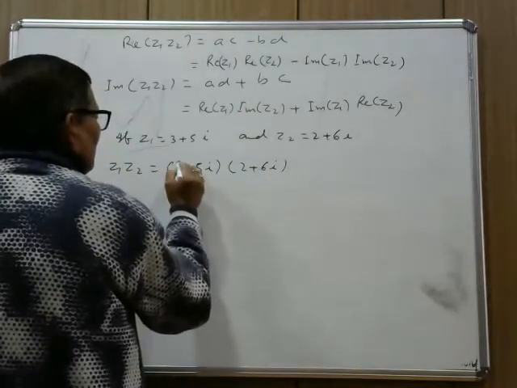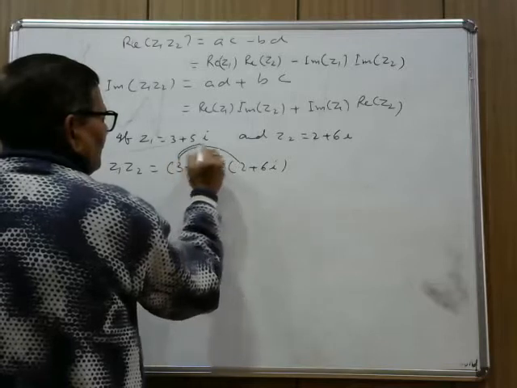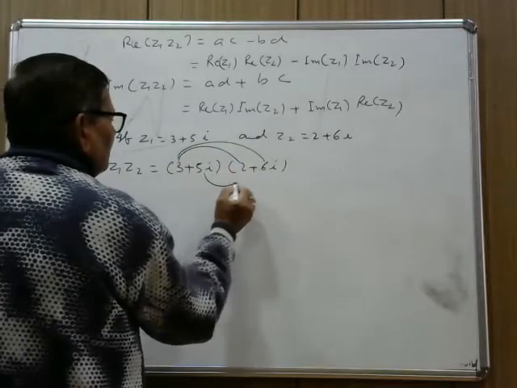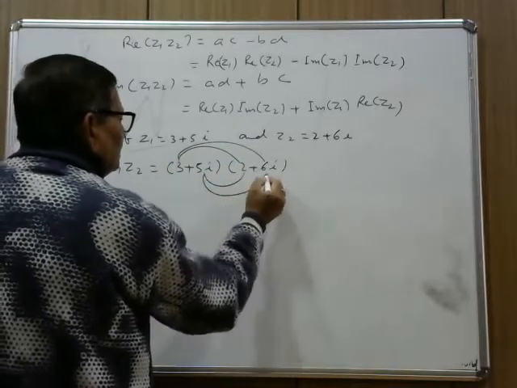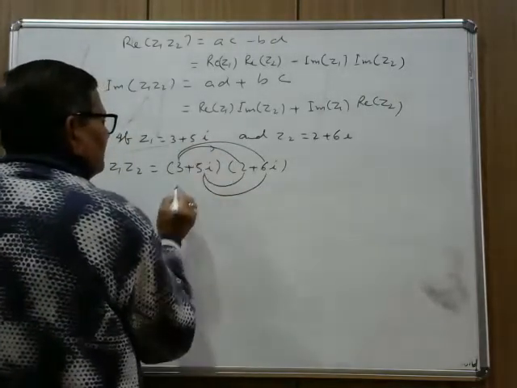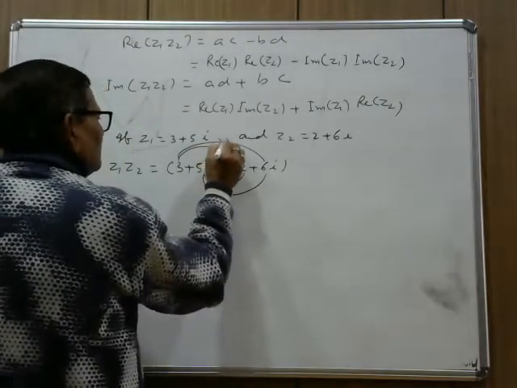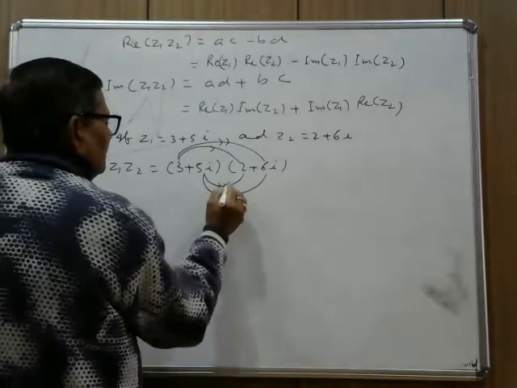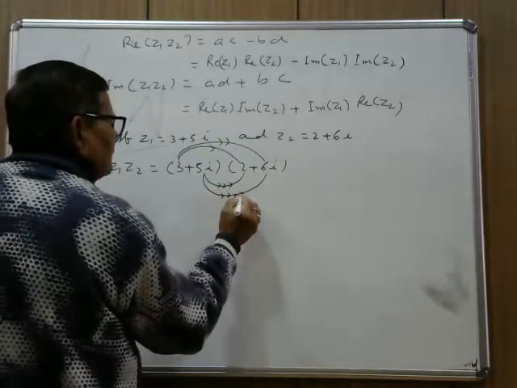Now you multiply first term to first term, first term to second term, second term to first term, and second term to second term.